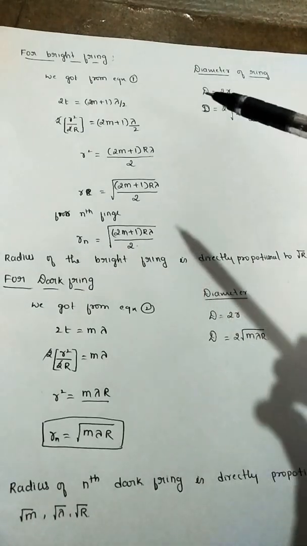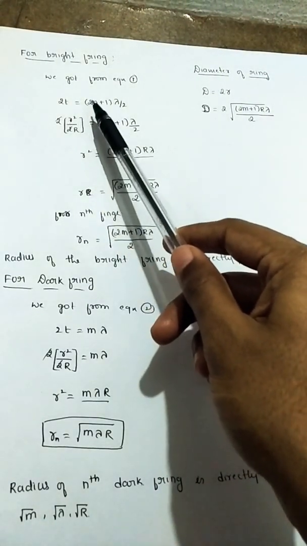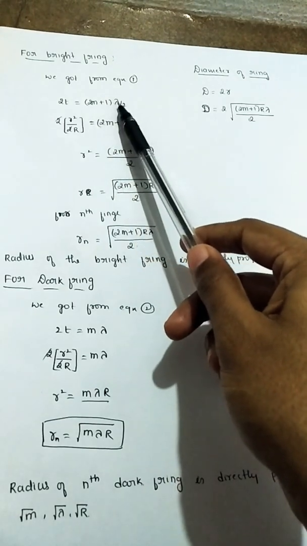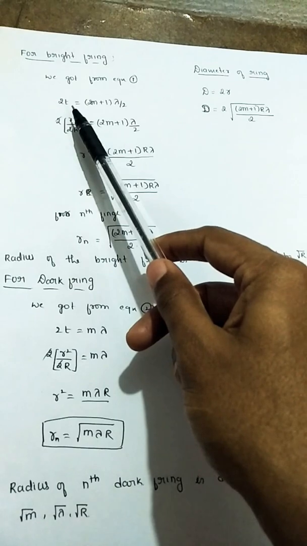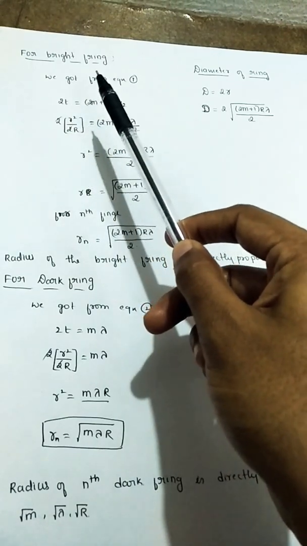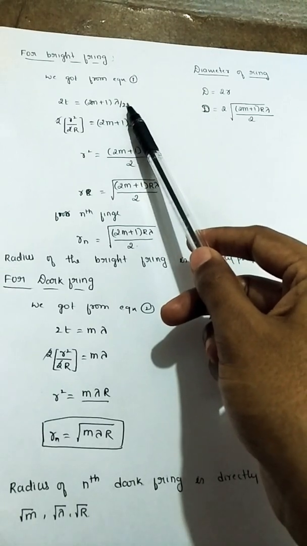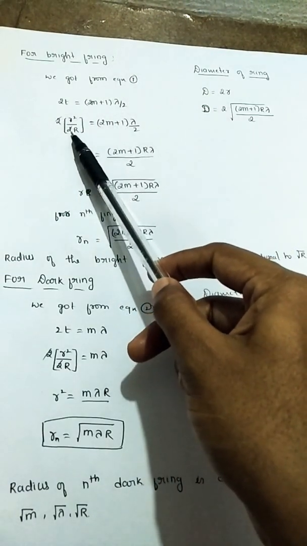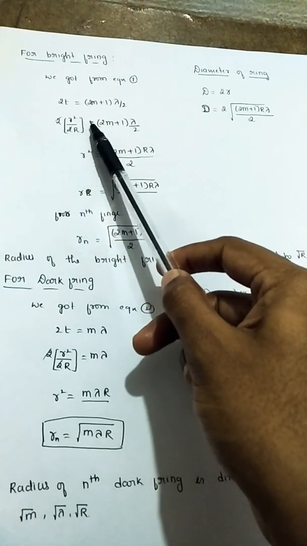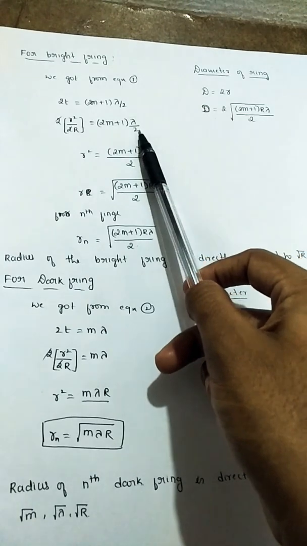For bright fringe, we got from equation 1, that is 2t is equal to (2m plus 1) lambda by 2, where t is equal to r square divided by 2R. Substitute that in the above equation, then we will get 2 into r square divided by 2 into capital R is equal to (2m plus 1) into lambda divided by 2.